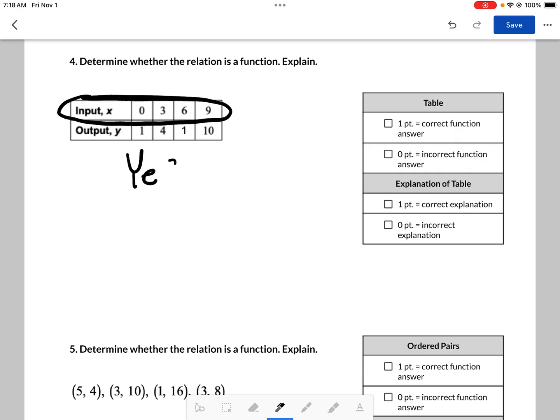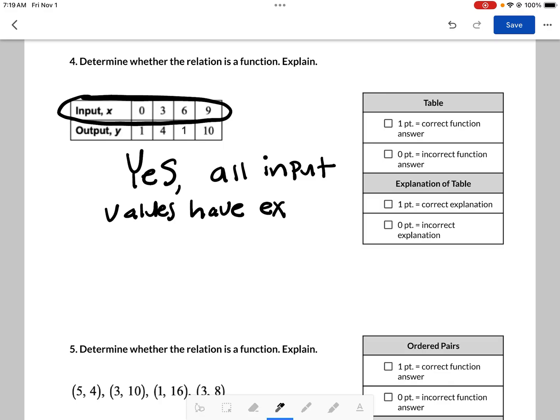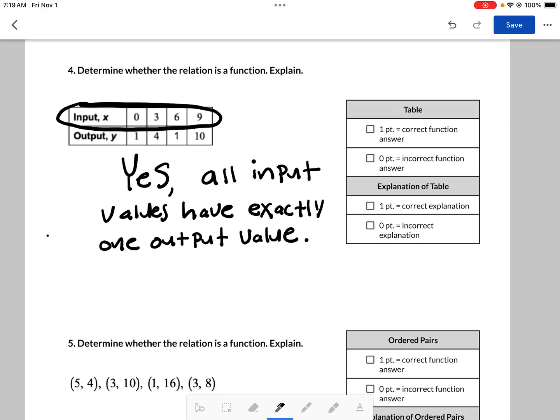Yes, because all input values have exactly one output value. Which is just saying that all of my input values are different.